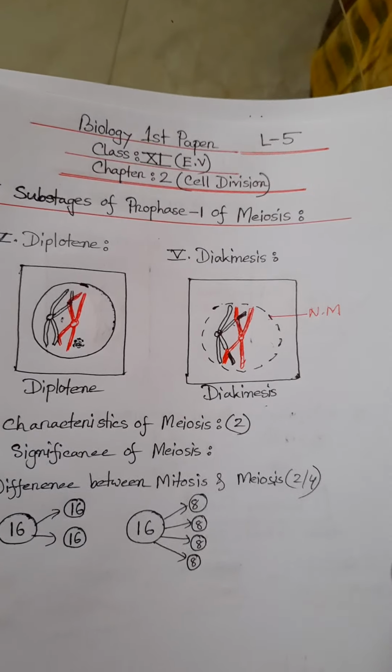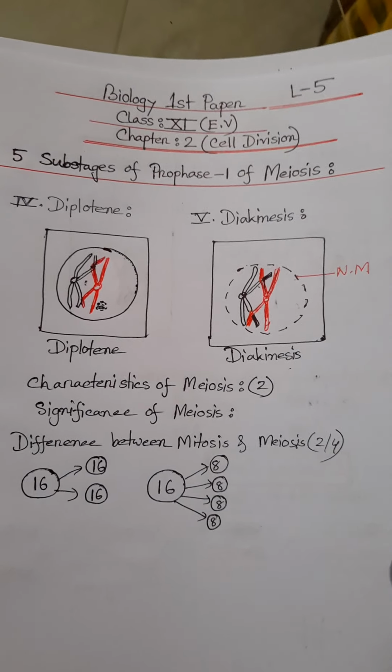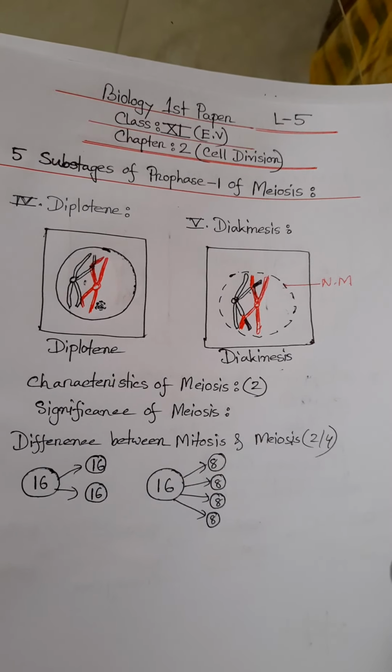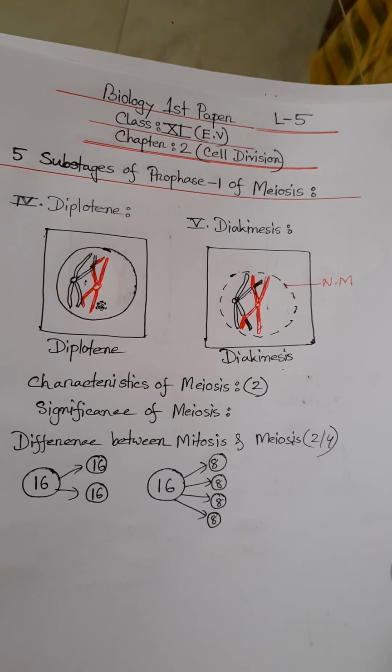In mitosis the nucleus and cytoplasm divide once, but in meiosis the nucleus divides twice while the chromosome divides once, so the number of chromosomes becomes half in the daughter cell.